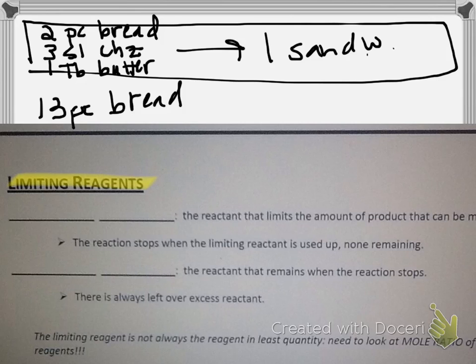And let's say you have 8 slices of cheese, and you have 6 tablespoons of butter. Okay, so you pull it out, and you're like, I wonder how many sandwiches I can make with this. Okay, let's get started. For every 1 sandwich, it takes 2 pieces of bread.